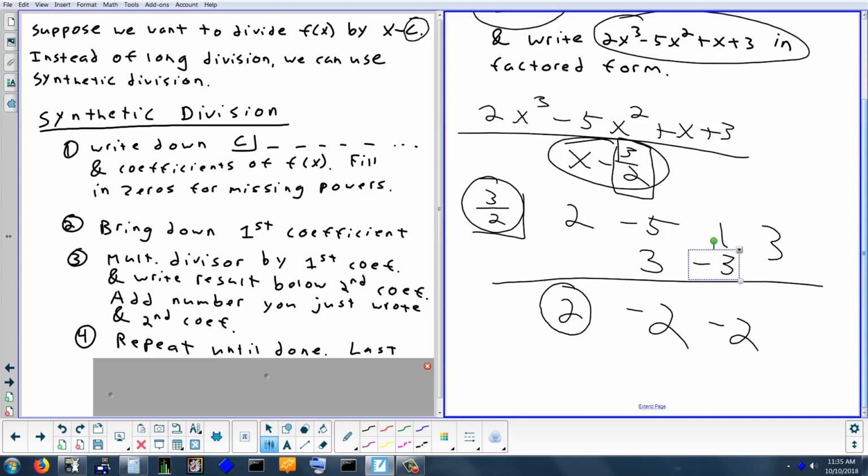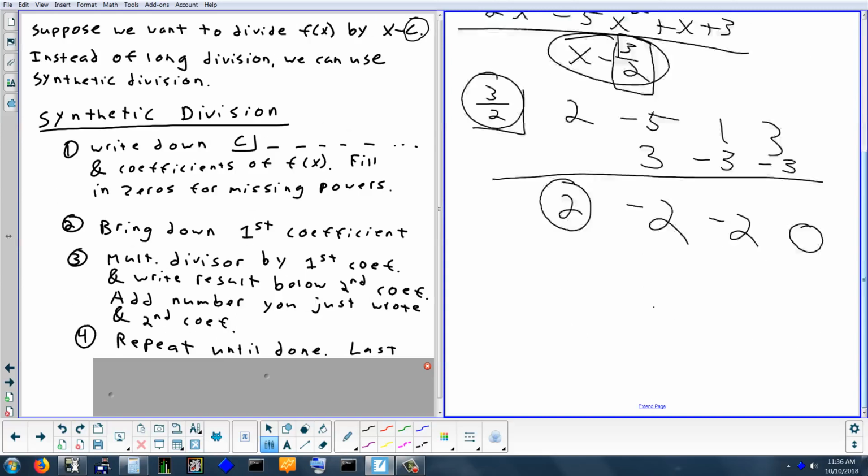And 1 plus -3 is -2. And now we're going to do -2 times 3/2 again. -3. And what's 3 plus -3? 0. Any guess what that number is that I just wrote down? That's the remainder.